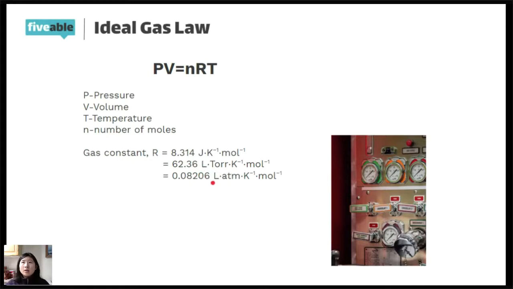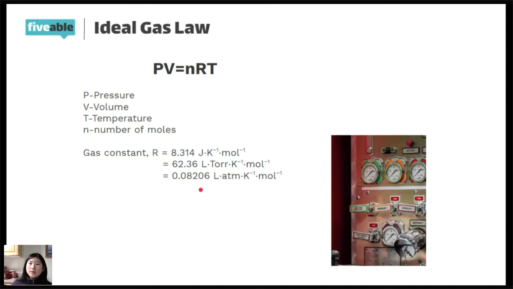If you're using liters, atmospheric pressure, and kelvins for your current gas problem, then you will want to use this last one, 0.08206 liter atm per kelvin mole, because these have the right units. So you want to match up the units case by case.